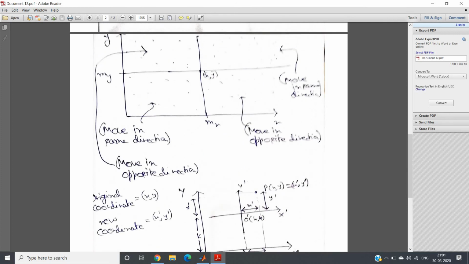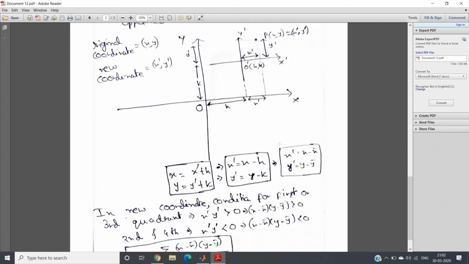Now, very simple: this is our new coordinate system, and for finding whether a point is in the first quadrant or third quadrant, what we do is simply multiply the x and y coordinates. So we just multiply x dash and y dash, which is our new coordinate with respect to our shifted coordinate system.